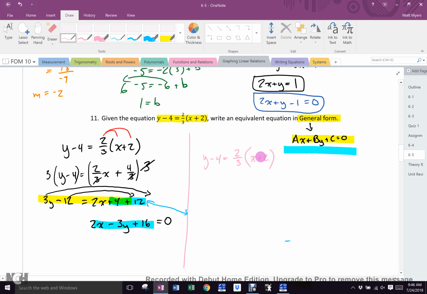So if I multiply this whole side by 3, I'm going to end up canceling those 3's out, right? So I'm going to have 2, but nothing else changes. But because I multiplied this side by 3, I got to multiply this side by 3. And then I just distribute that in there, like from unit 3, 4. Cool? All right. Everybody good?